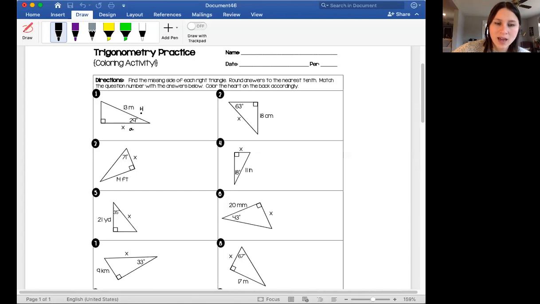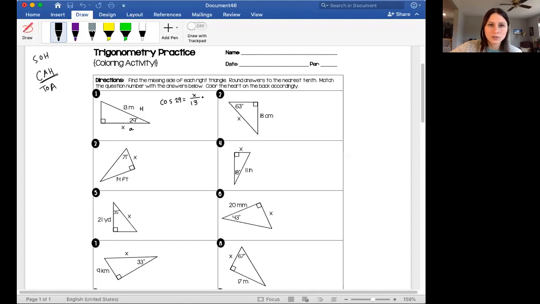So I have A over H, and I'm going to spell out my acronym, SOH CAH TOA. Which acronym spells out AH? Right here, CAH. So this would be the cosine of 29 equals x over 13.